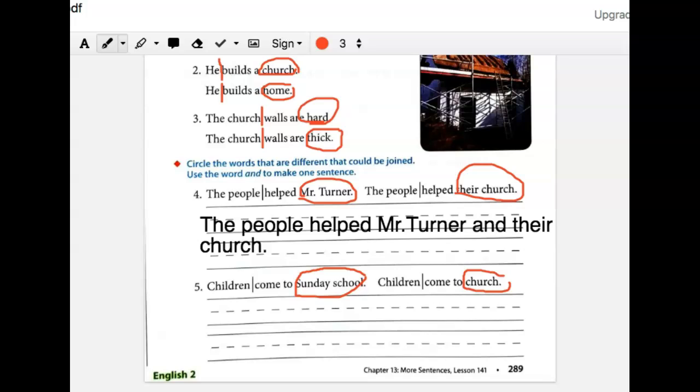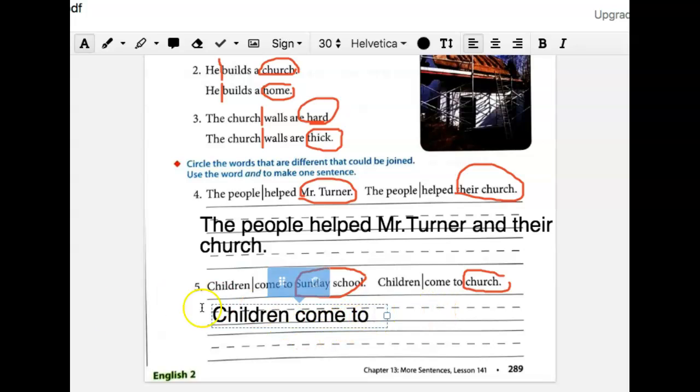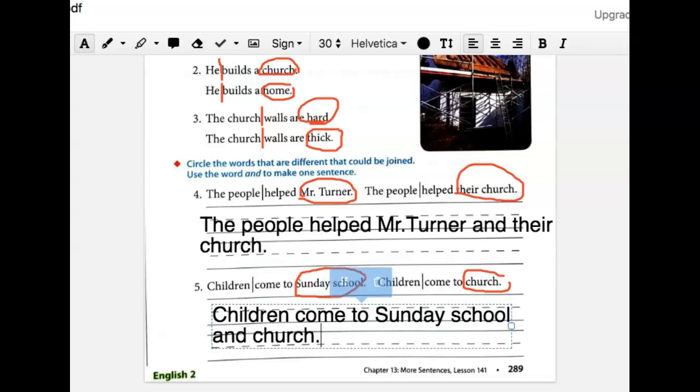Those words can be combined with the word and. So we can start writing the sentence by writing down the same words from both sentences. Children come to, and we can finish that off with the words Sunday school and church. Children come to Sunday school and church, period.